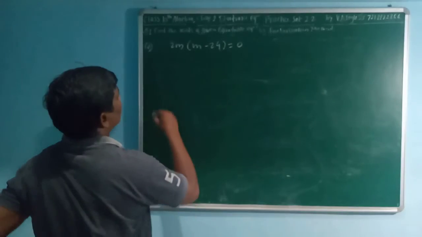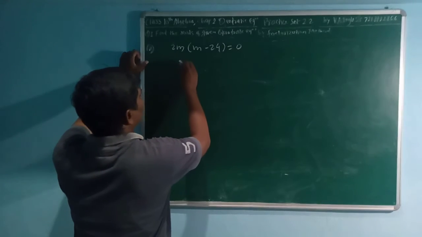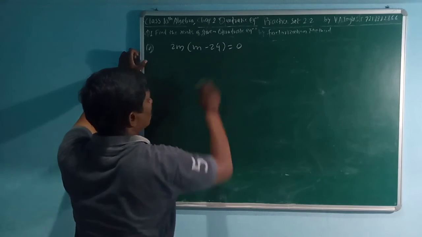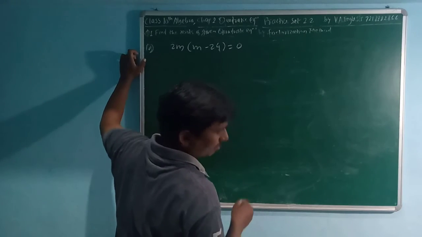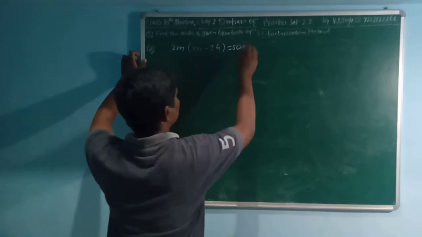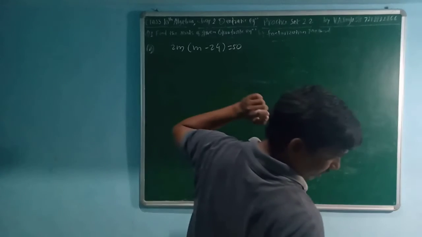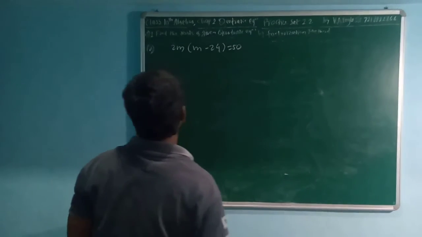Actually, 2m in bracket m minus 24 is equal to 50, it is. Okay, I didn't see that 50.